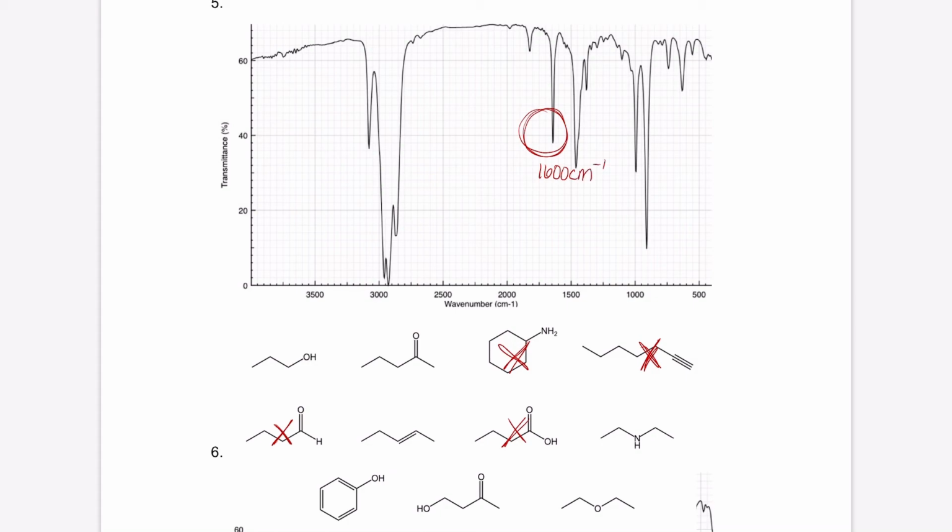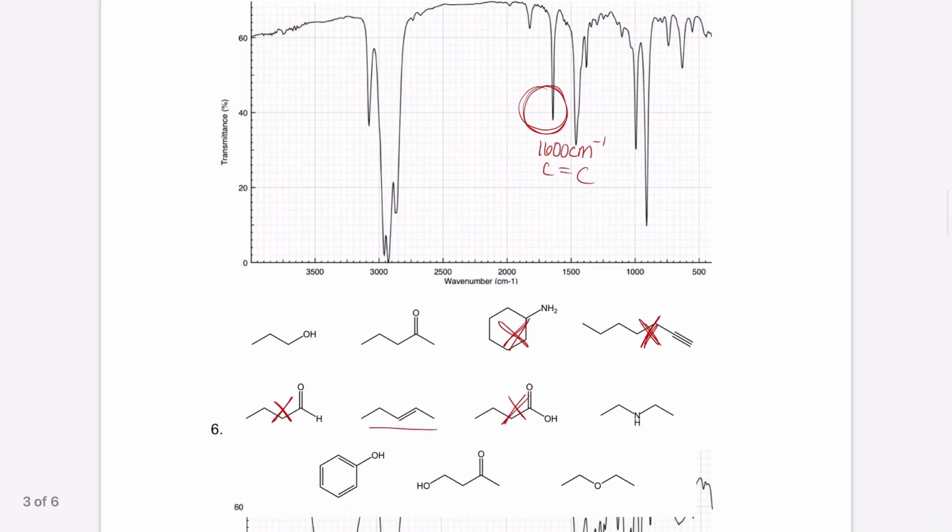So bands that are around 1600 are going to be our carbon-carbon double bond stretching. So that could leave us with either this alkene or this alkene.